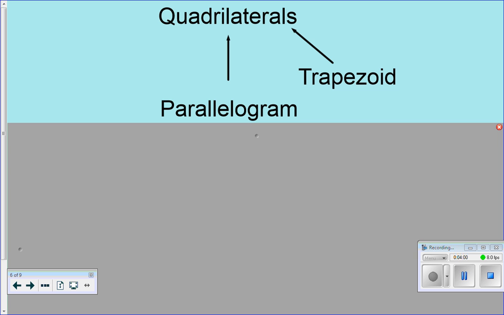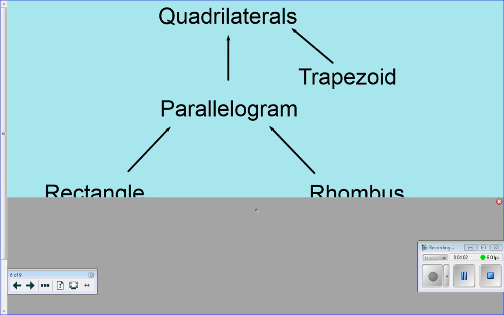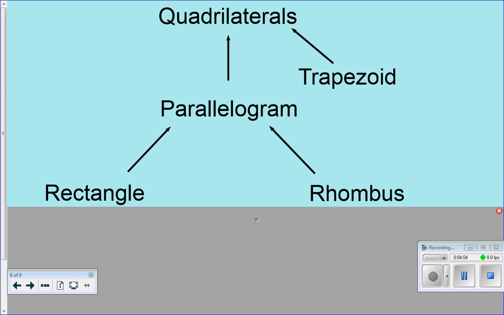So what's going to happen then is, guess what? That's what it's going to look like, because I know a rectangle can't be a rhombus, so they're not really connected. Just wait.